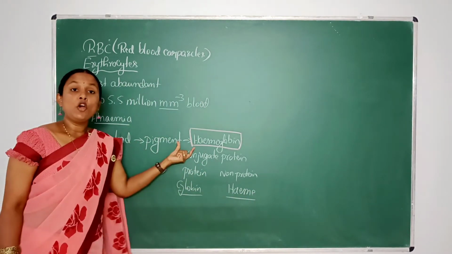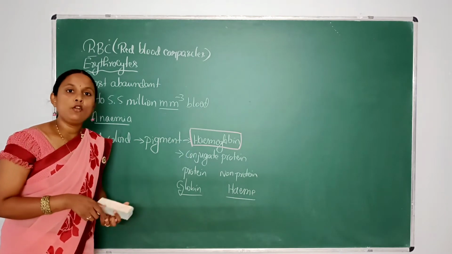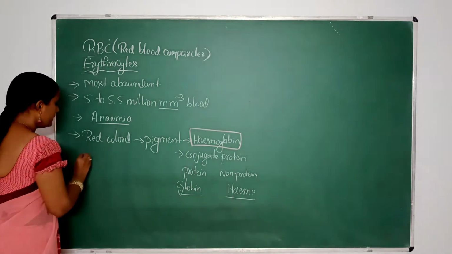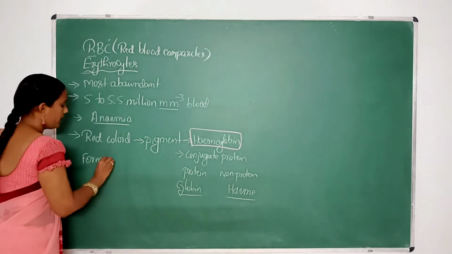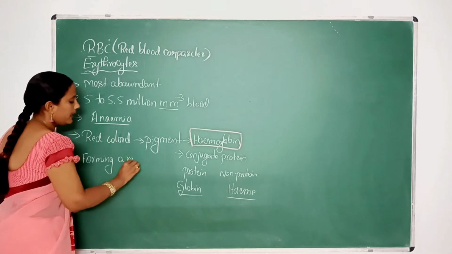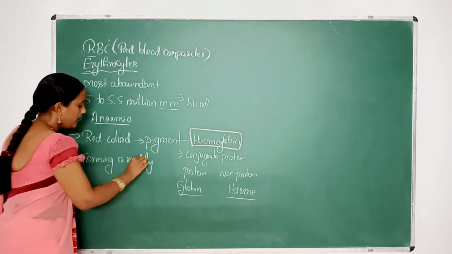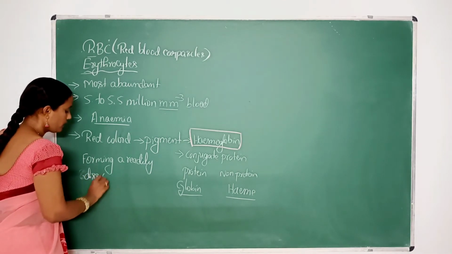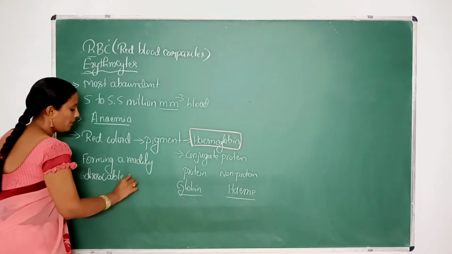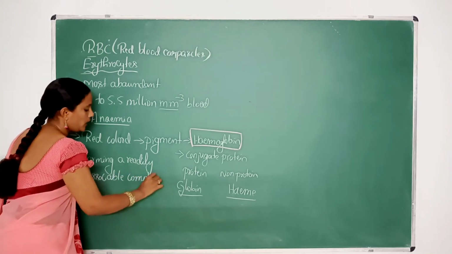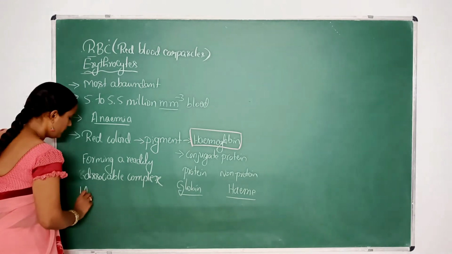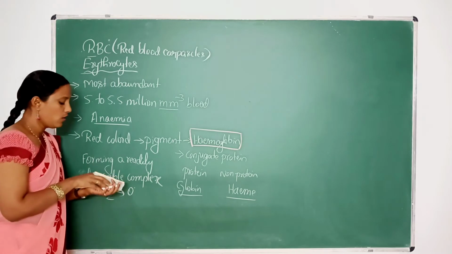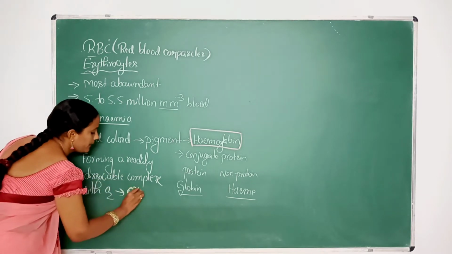And the hemoglobin is capable of forming a readily dissociable complex with oxygen, a complex called oxyhemoglobin.